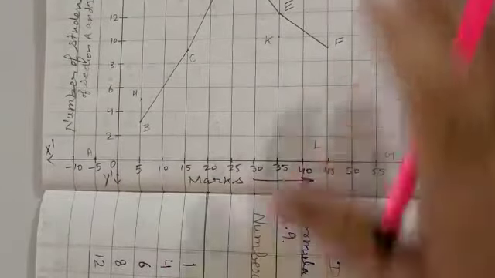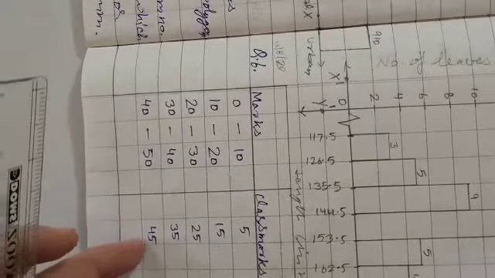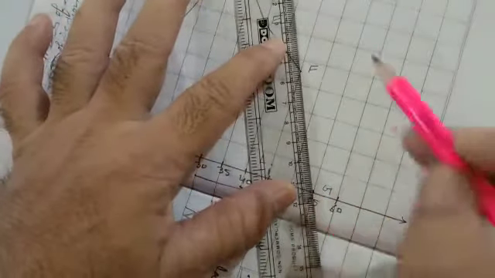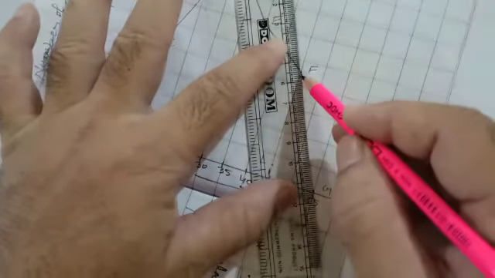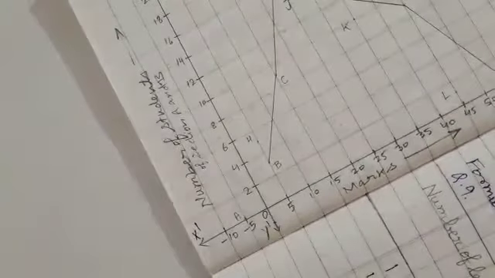Last class mark is 45. So we join x-axis next class mark 55. Now F point join G point. This is your 55, that is FG. Similarly, preceding first class mark is 5, so preceding class mark is -5.